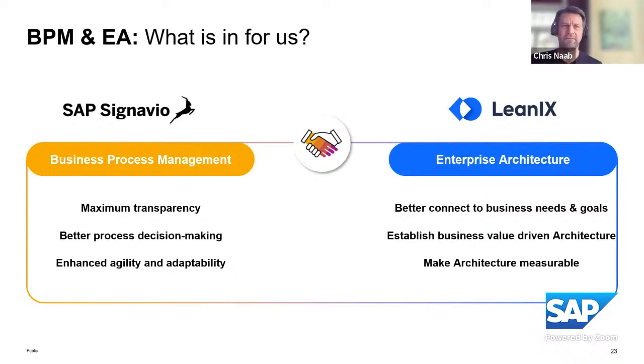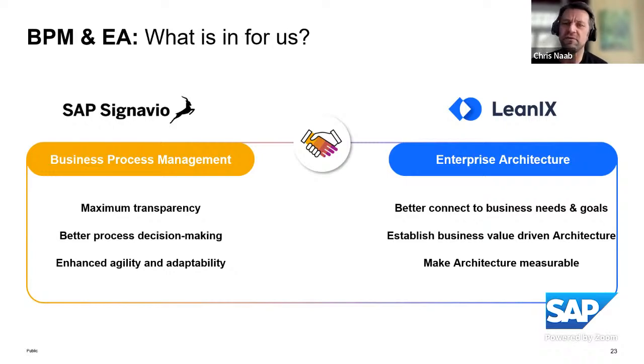From a BPM perspective, that helps us to be much better in our decision making when making decisions about processes, when we measure them, when we plan to improve them. We can make this improvement decision based on an understanding of the architecture beyond, and that itself will result in much faster adaptation and much better agility.